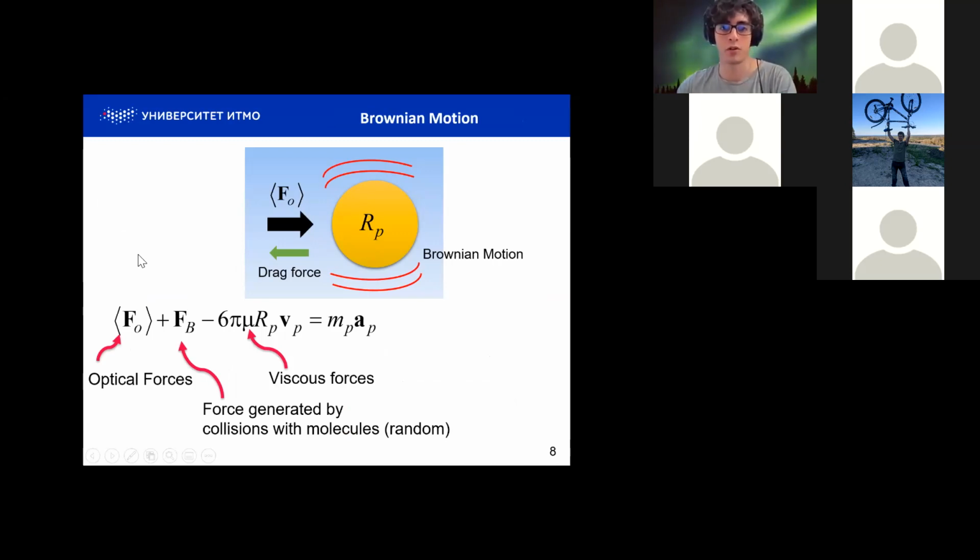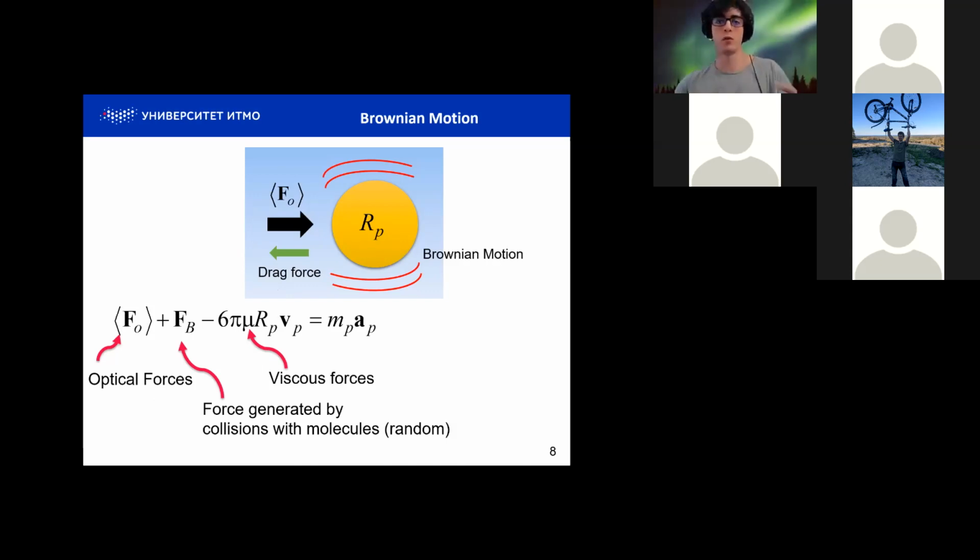If we imagine that we have this particle submerged in water, we have basically three contributions. One is obviously the optical forces that we are putting in the system with the laser. The second term is called viscous forces, and they arise because of the liquid resistance to any movement.